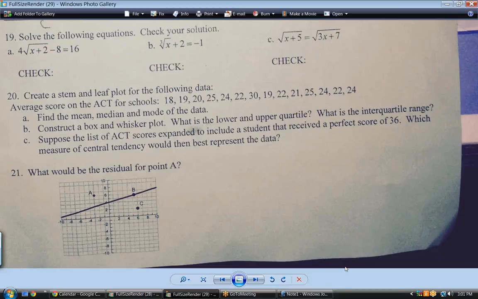All right. I'm not a great statistics expert. It's the one subject I do not tutor. I know enough to know mean, median, and mode, and I know lower and upper quartile, and I know box and whisker plot, and I know interquartile range. I think I could even figure out central tendency, but I don't know what residual is, and I looked it up in my books, and it doesn't have it.